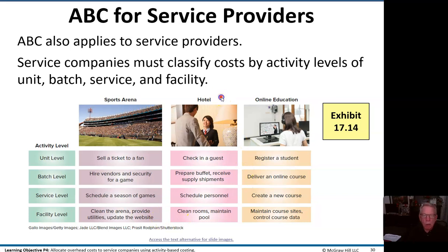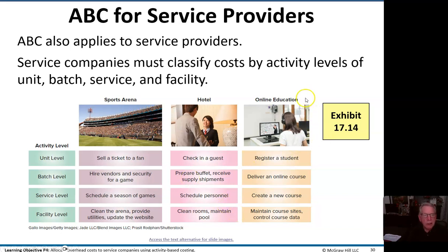But for hotels, it's a little bit different. If I check in a guest, that's a unit level. If I prepare a lovely buffet, receive supply shipments, that's a batch level. If I schedule my personnel, that's a service level. If I clean the rooms, maintain the pools, etc., that's going to be a facility level.